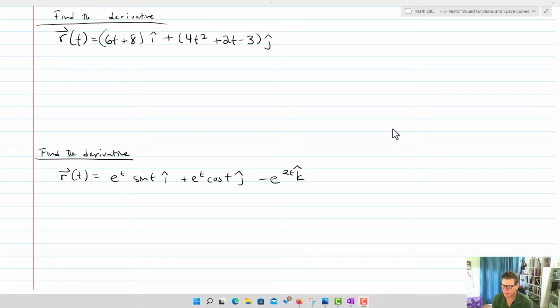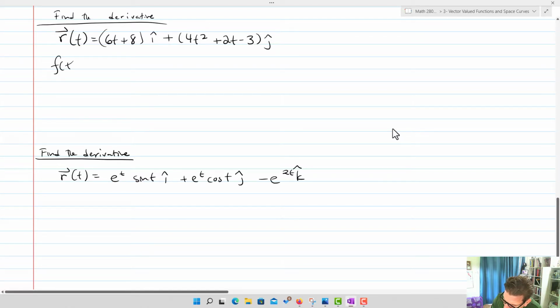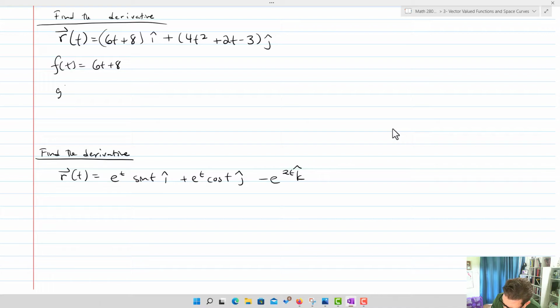We'll start out with this. We've got r of t is equal to (6t plus 8)i plus (4t squared plus 2t minus 3)j. So we'll look here. I'm going to have f of t is just going to be 6t plus 8. It's going to be the part of the i component. And then we'll let g of t equal 4t squared plus 2t minus 3. f prime of t, the derivative of 6t plus 8, is 6.